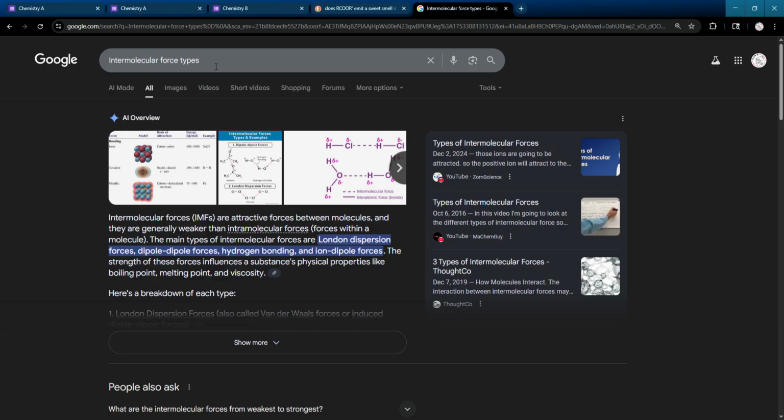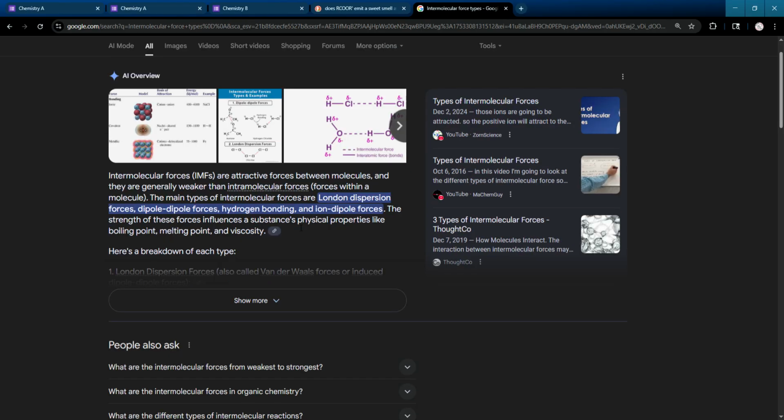Intermolecular force types. Intermolecular forces, or in short IMFs, are attractive forces between molecules, and they are generally weaker than intramolecular forces. London dispersion force, dipole force.